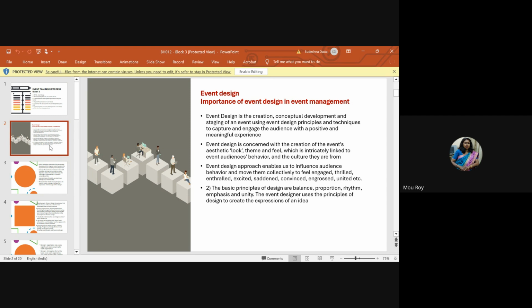Basically, when you go to attend a wedding party, there are different themes. Even for birthday parties, you have a theme nowadays. Organizers design the venue as per some specific theme.